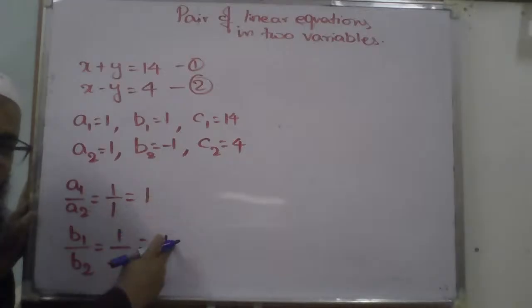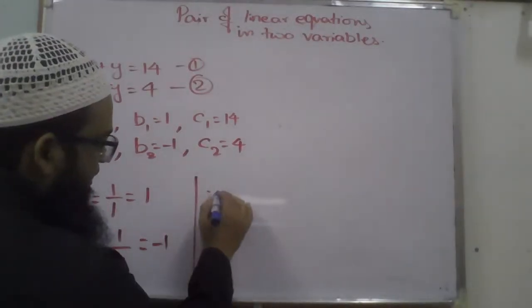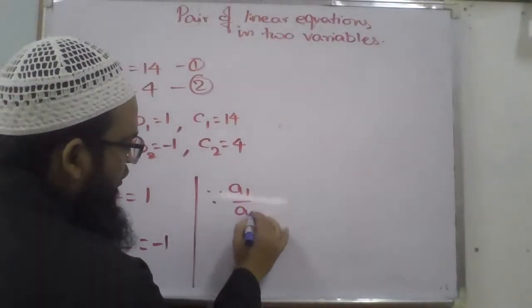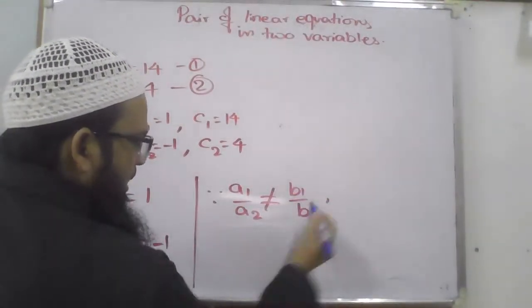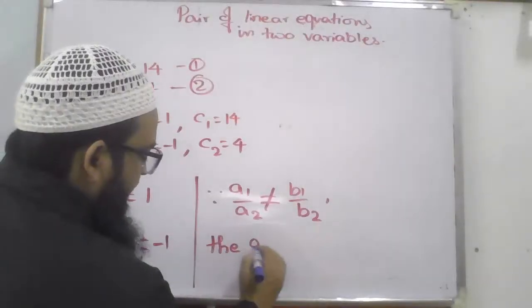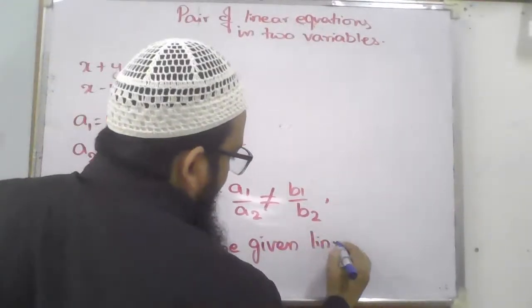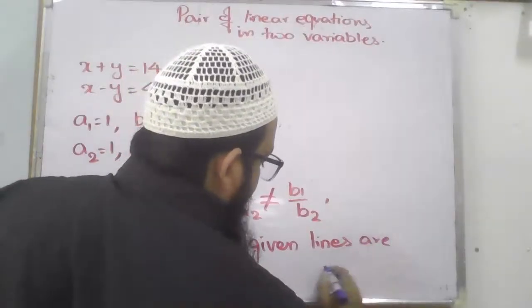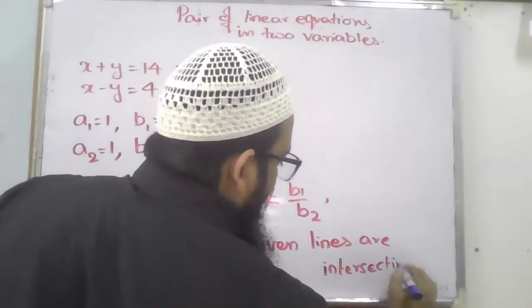If they are not equal, no need to find c1 by c2. So since a1 by a2 is not equal to b1 by b2, the given lines are intersecting.